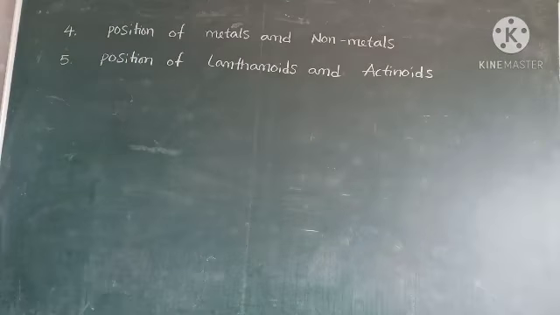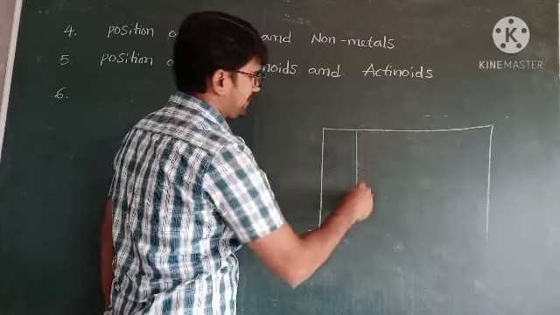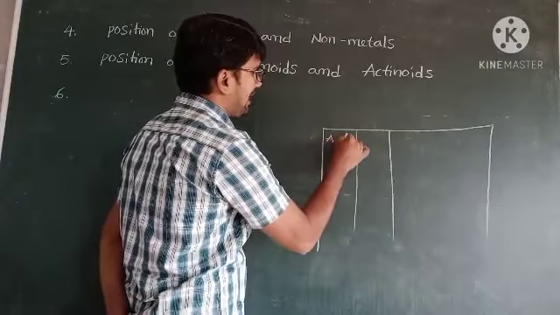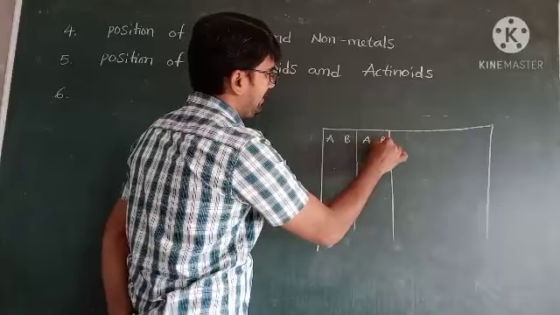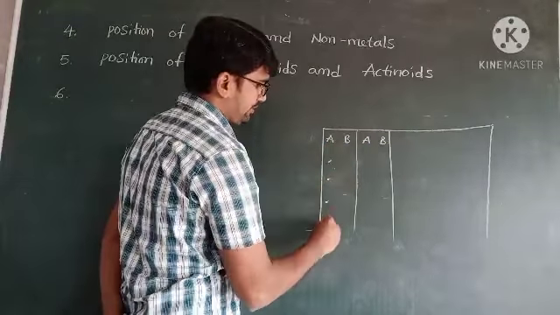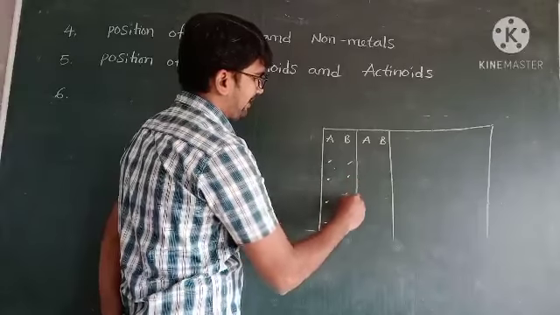This is a very interesting point. The sixth one. In the Mendeleev periodic table, 9 groups are present. I am taking only 2 groups. Again, the groups are divided into A and B. In A, some elements are arranged, and in B, some elements are arranged.